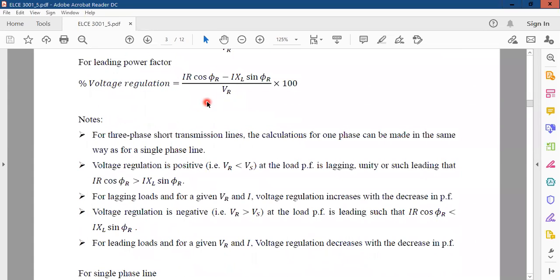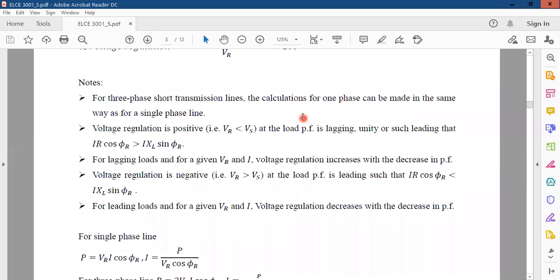General notes, for a three-phase short transmission line, the calculation of one phase can be made in the same way as for single phase, okay? If we have a short transmission line, three-phase, we will calculate phase by phase using the same equations. Voltage regulation is positive for lagging power factor or unity.